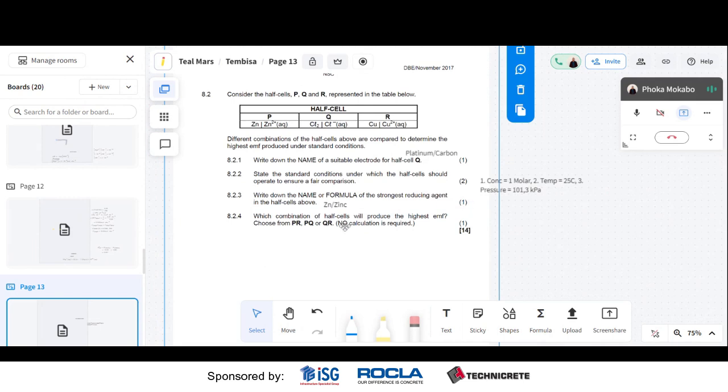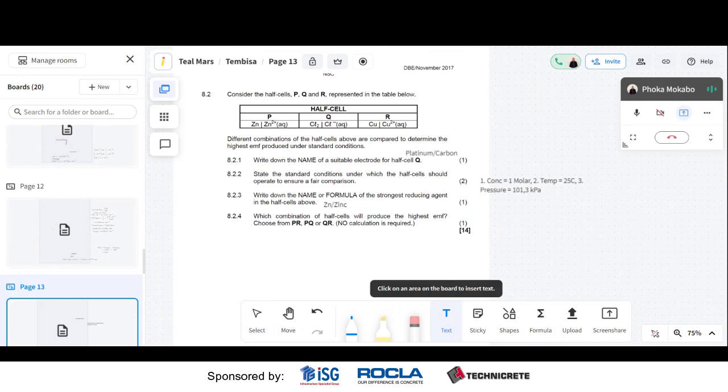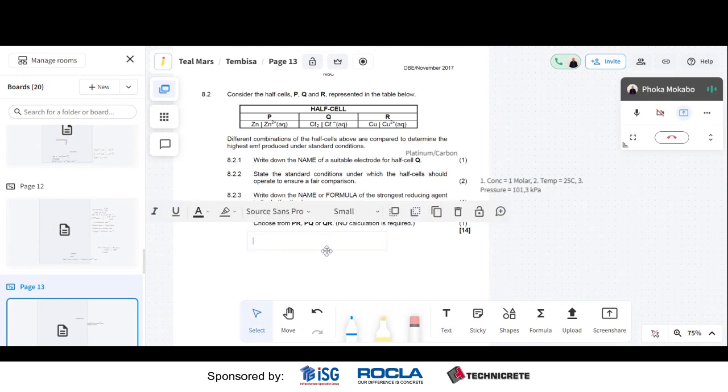Okay, which combination of half cells would produce the highest EMF without calculating anything? PR, PQ, or QR. Now, the secret to this is you want the two that are furthest away from each other on the table.